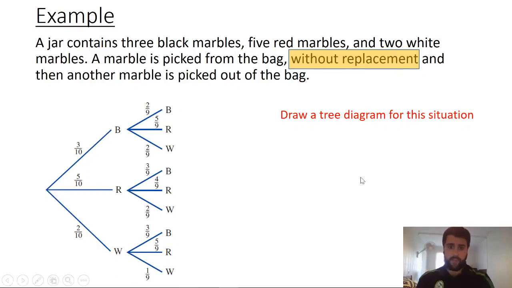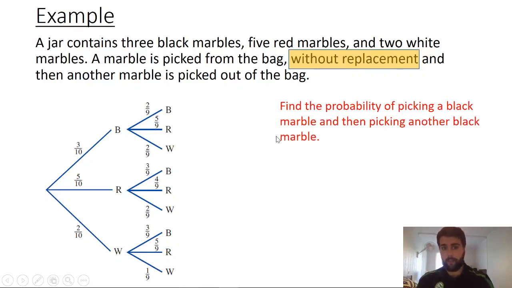Guys, if we then needed to find the probability of pulling a black marble and then another black marble, well, it's going to be different to our first example because these events are dependent events. So the probability of getting a black marble on the first event is 3 out of 10. The probability of getting it on the second event is 2 out of 9.